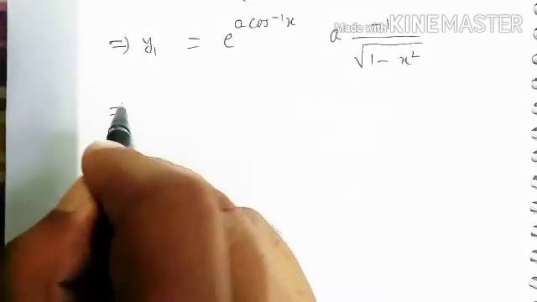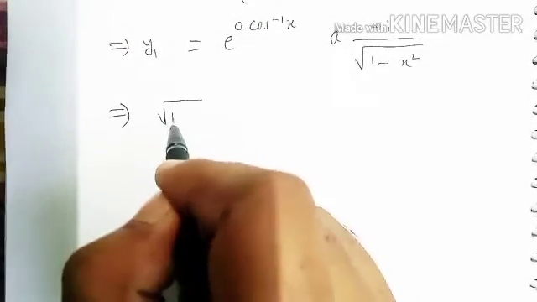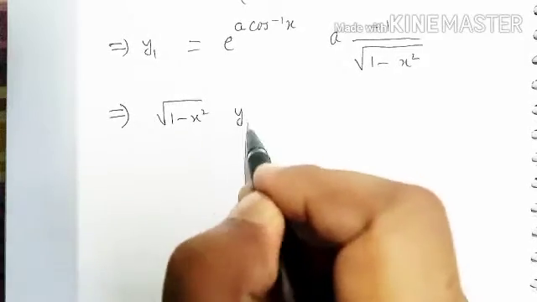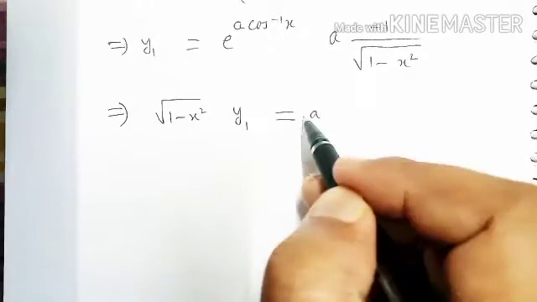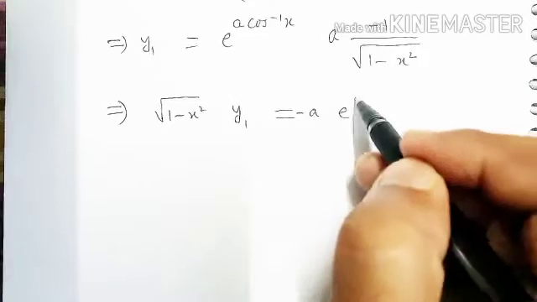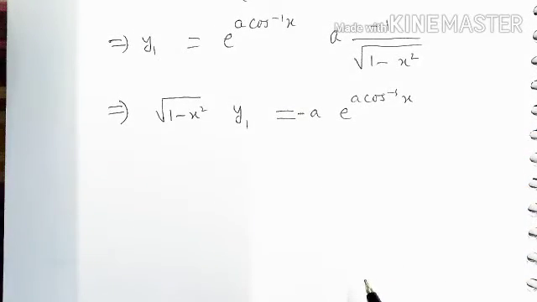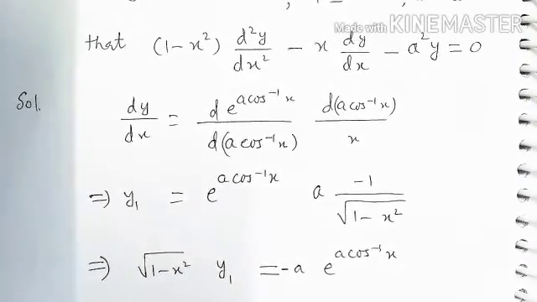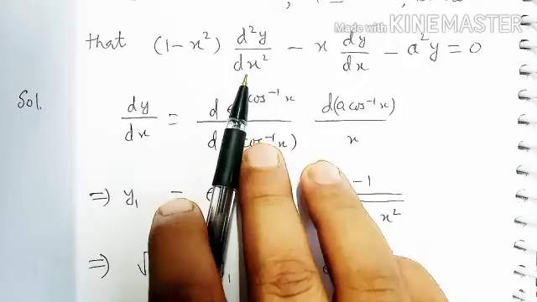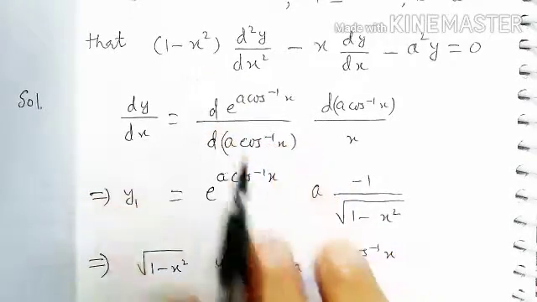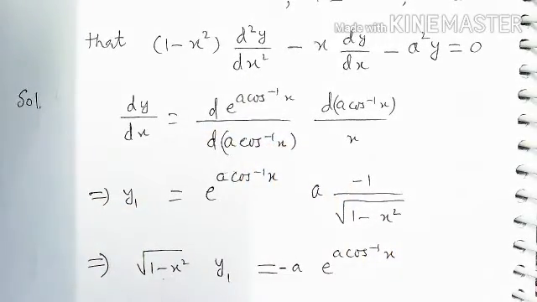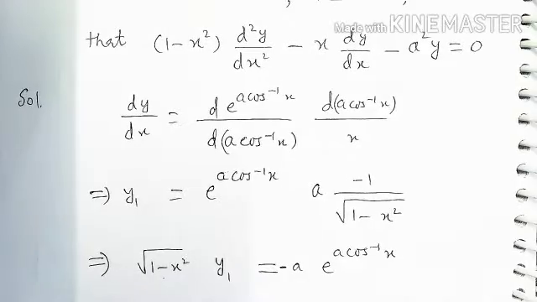This implies that square root of 1 minus x square y1 is equal to minus a e to the power a cos inverse x. Here we should square both sides to get rid of the square root.